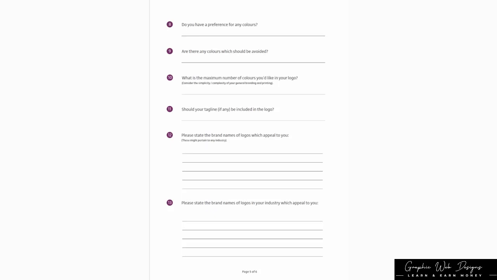On the other hand, if the client requests silver, then we need to inquire further, since silver isn't a colour, it's a metal, in which case we have to use the colour grey to simulate it, and there are many different tones of grey and looks of silver. Should we be lucky, the client will stipulate CMYK values or values in RGB or Pantone.